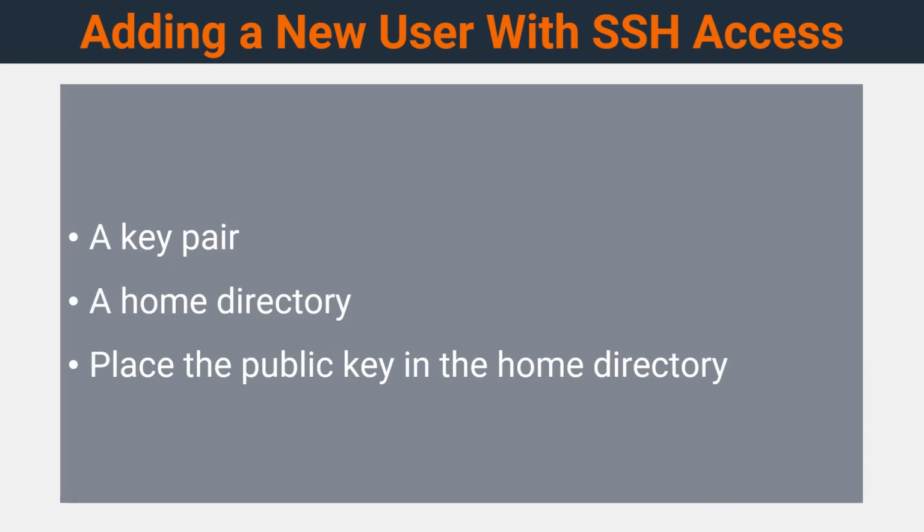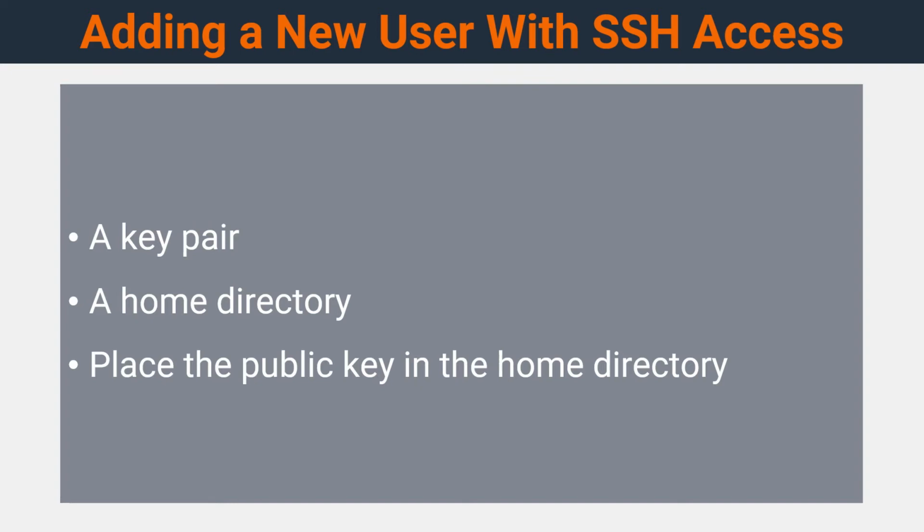So going along with the previously understood concept about the key and its connection with the default EC2 user, when you are creating a new user, the same concept has to be applied. The first thing required when you are creating a new user is a key pair. Once a key pair is available, you need a home directory for that particular user in the EC2 machine where you are going to provide access to that new user.